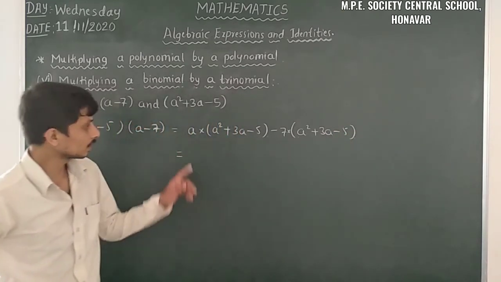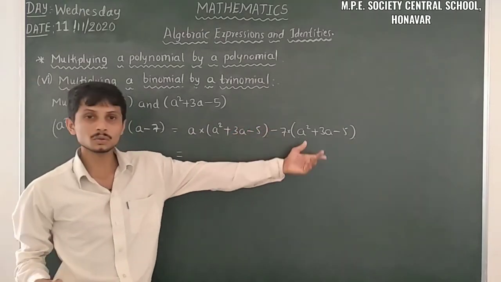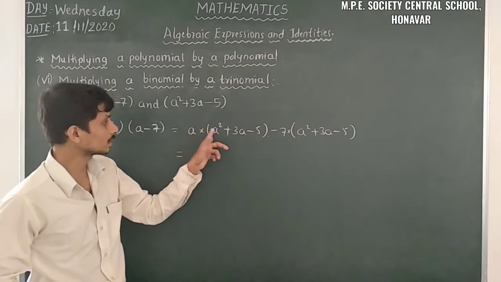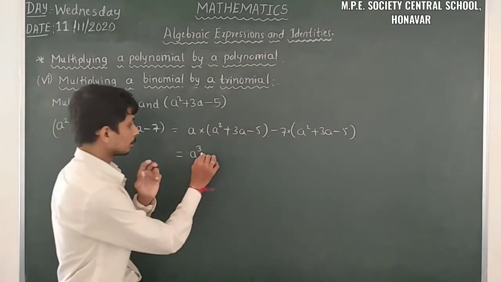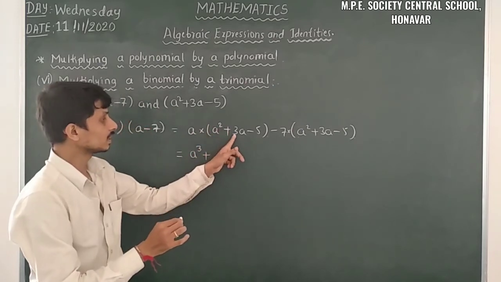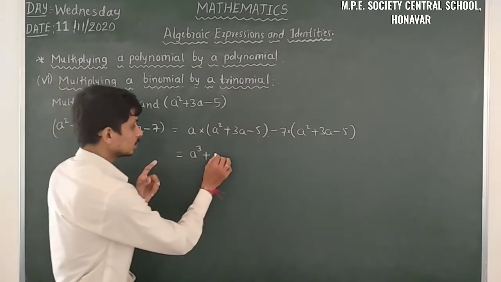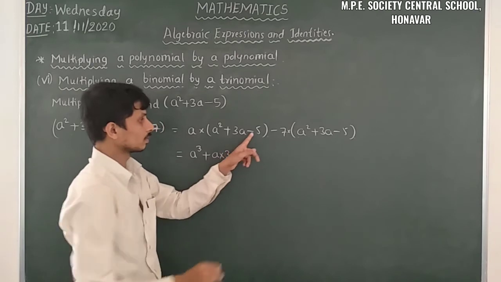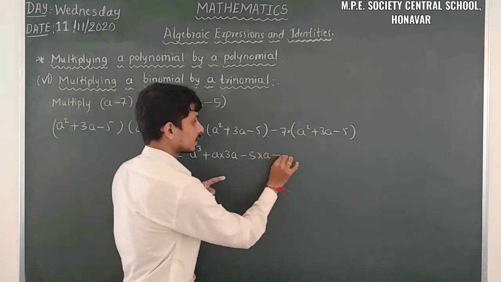So it converts into monomial into trinomial and monomial into trinomial. We take the same step: a into a square, that is a cube. Then plus 3 into a into a, that is a into 3a. Then minus 5 into a. Then minus 7 into a square.